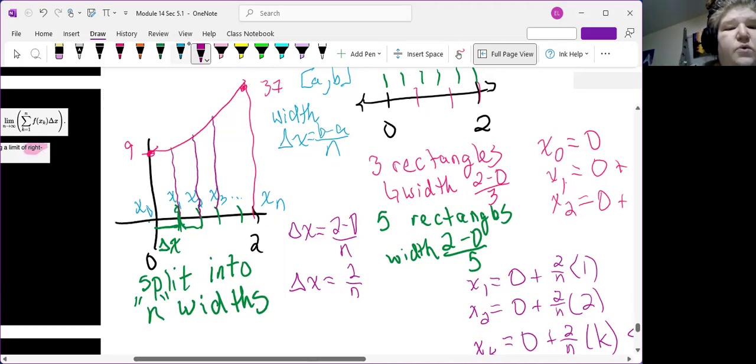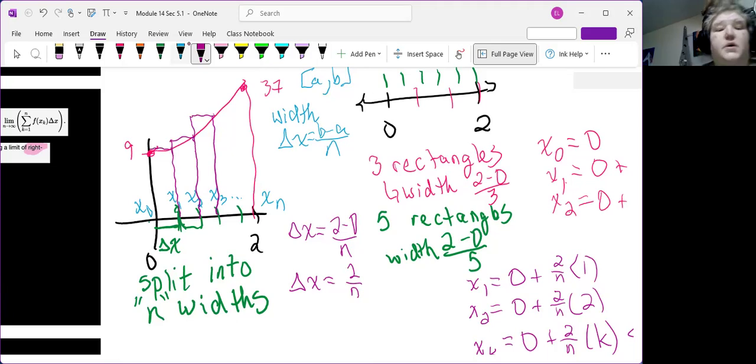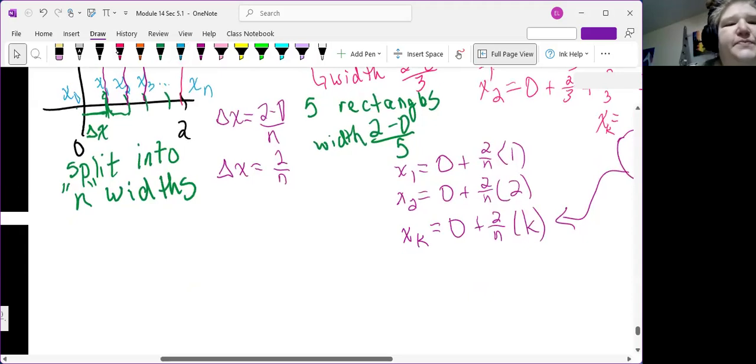So when we said right endpoints, I'm taking my x sub 1, and then I want to figure out how high I am at that point. How high I am is determined by the graph, which means it's our function value. It's the y value of that point on the graph. All right, so I have my widths.